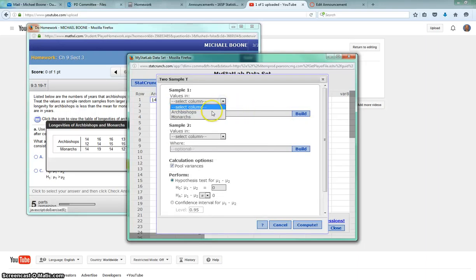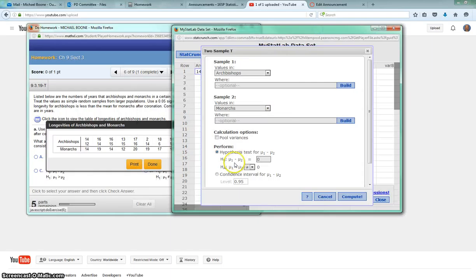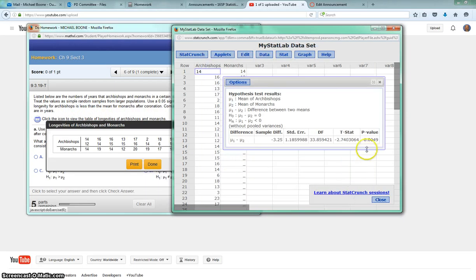We just have to put archbishops first and then monarchs second. Unless they tell us that the standard deviations are equivalent, we will uncheck this. So typically we will uncheck this. Here would be one just to show that they're not equal to. Over here it looks like it says less than, so we can make it match. When you compute, you'll have your test statistic and you'll have your p-value.